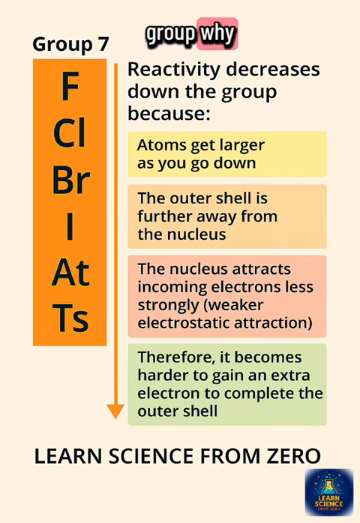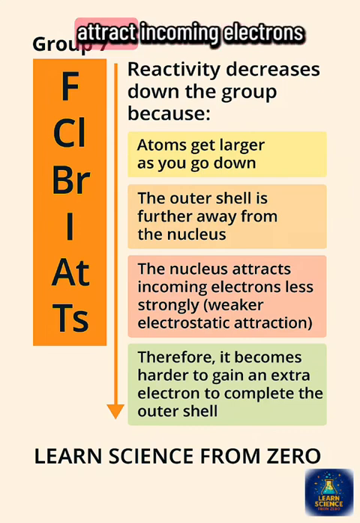Why? Because there are more and more shells being added, so the atomic radius increases. As you're adding more and more shells, the outer shell is moving further away from the nucleus, so then the nucleus finds it more difficult to attract incoming electrons.